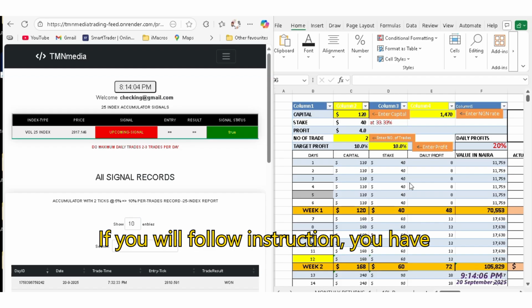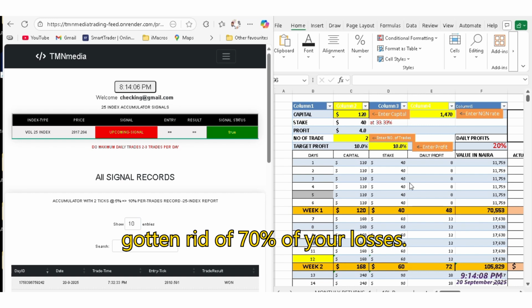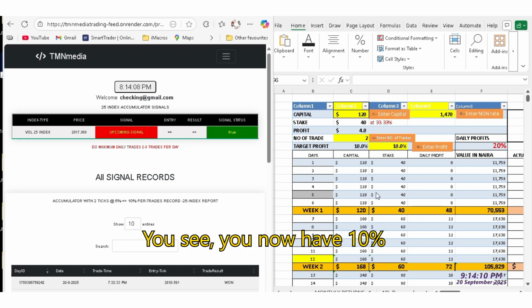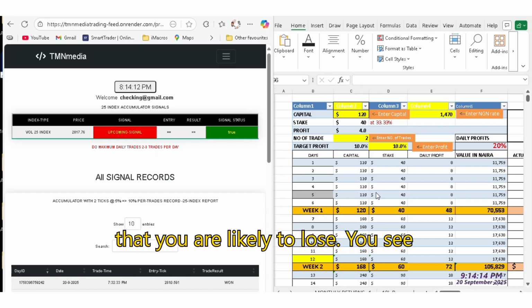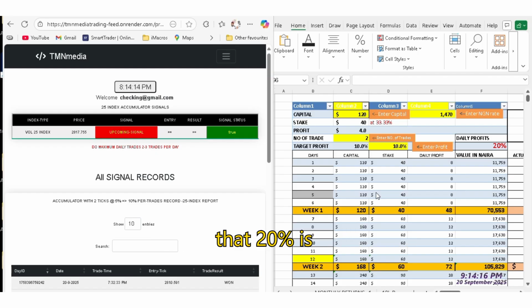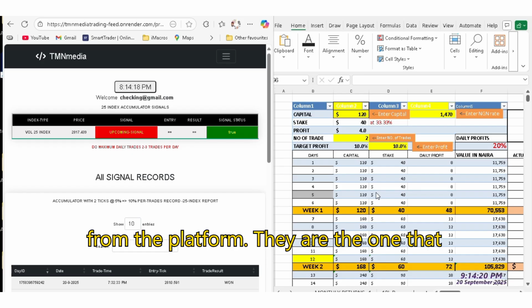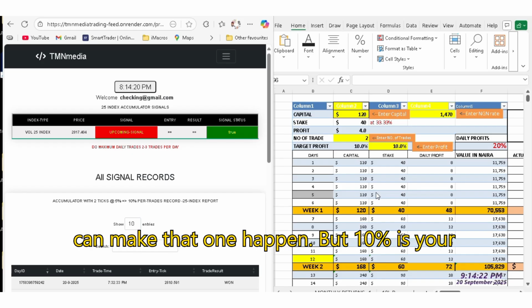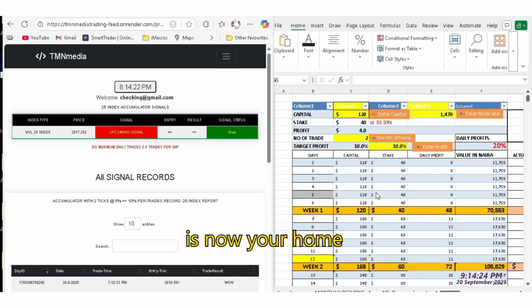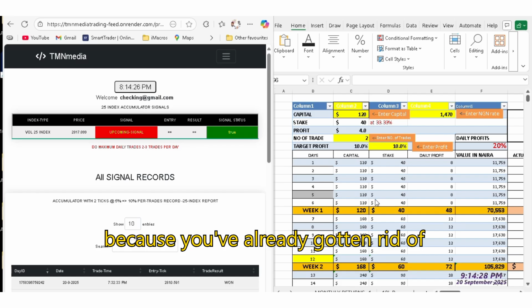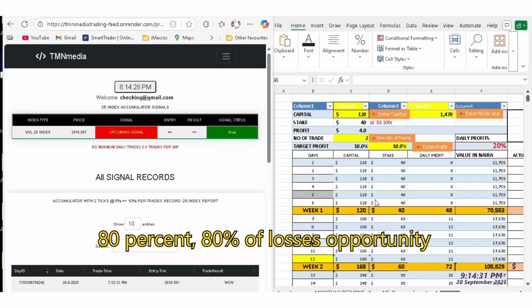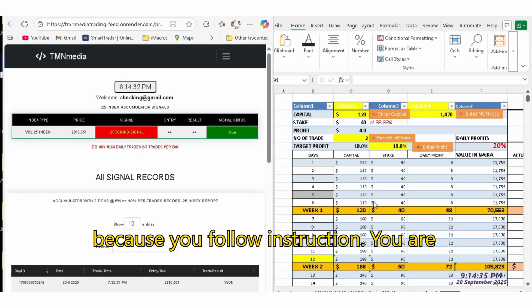If you follow instruction, you have gotten rid of 70% of your losses. You now have 10% that you are likely to lose. That 20% is from the platform. They are the ones that can make that happen. But 10% is now your own, because you've already gotten rid of 80% of losses opportunity because you follow instruction.